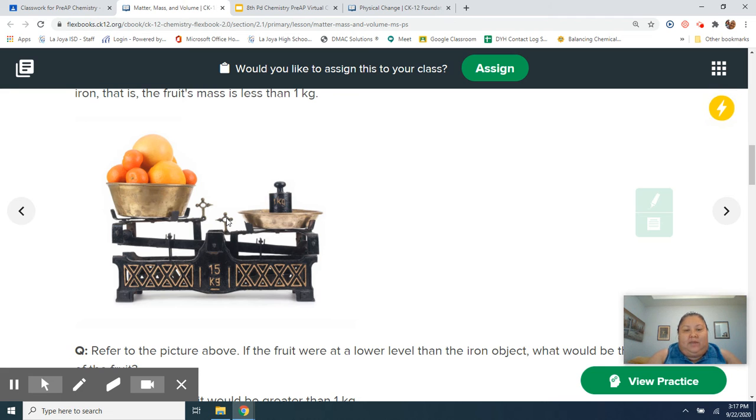We have 1 kilogram on the right and a bunch of fruit on the left. If the fruit is higher than the weight we put on, we can say the fruit is less than 1 kilogram. If it was even, you could say it's exactly 1 kilogram. And if the opposite is true, the weight is on top and the fruit is on the bottom, then the basket of fruit is heavier, more than that kilogram.